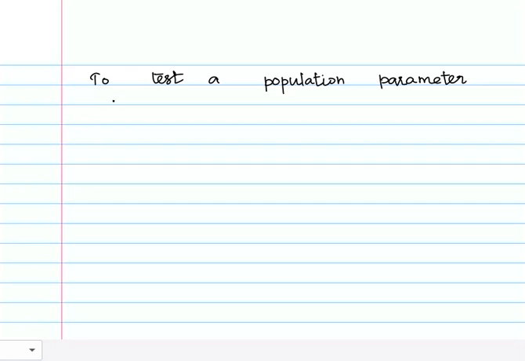We should carefully state a pair of hypotheses.